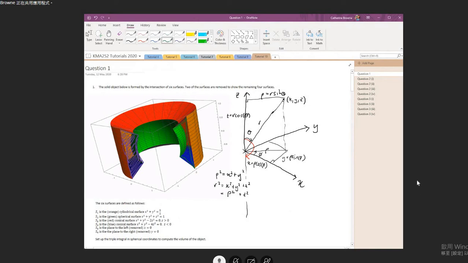If anyone has any questions, feel free to stop me anytime. So that's surface 6 there, and that is this plane y is equal to 0. So like this plane here, you can see that that's got constant phi, this angle here, and we haven't moved off the x-axis, so phi is equal to 0.